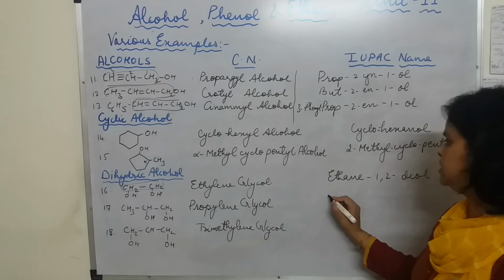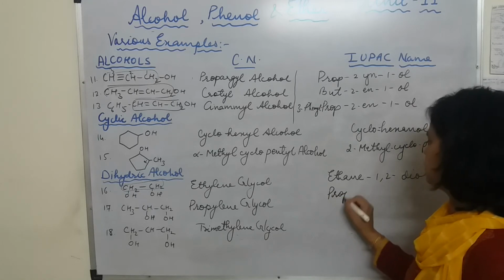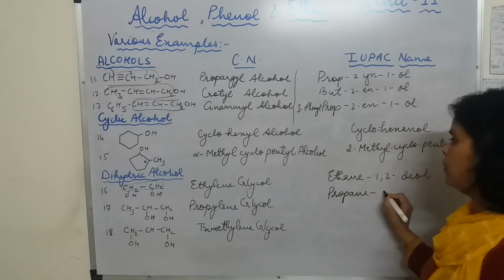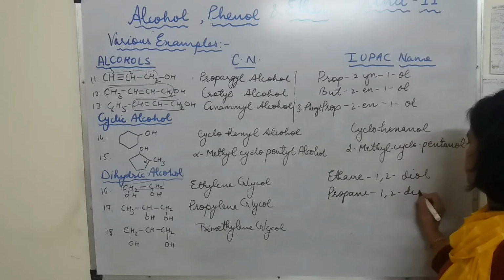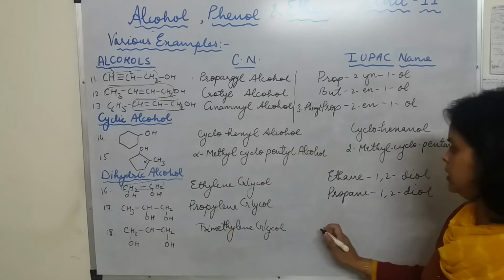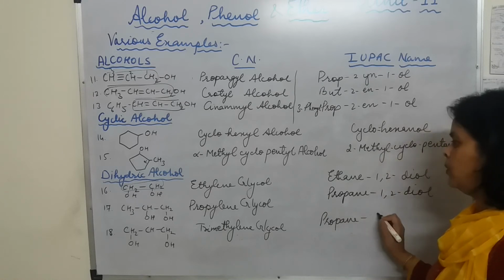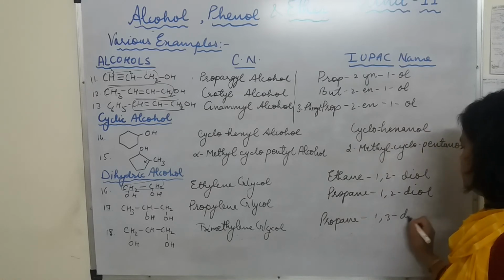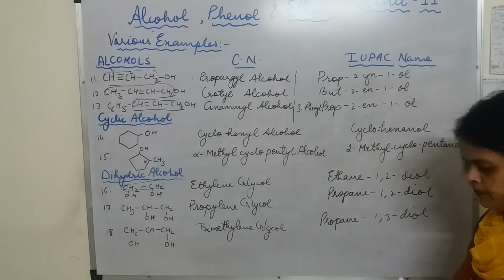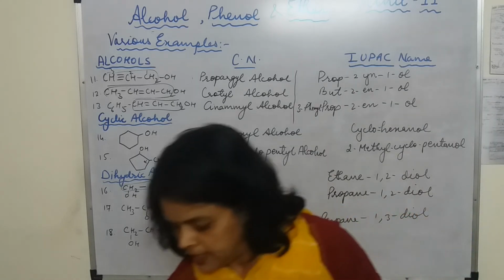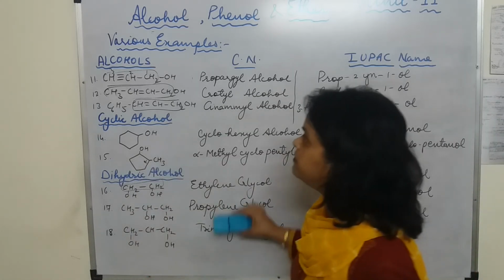The name of this compound is propane-1,2-diol. This one propane-1,3-diol. Okay. Now let's write some examples of phenols.